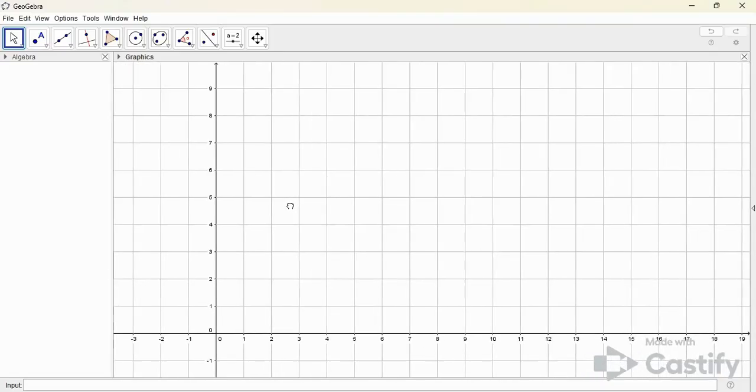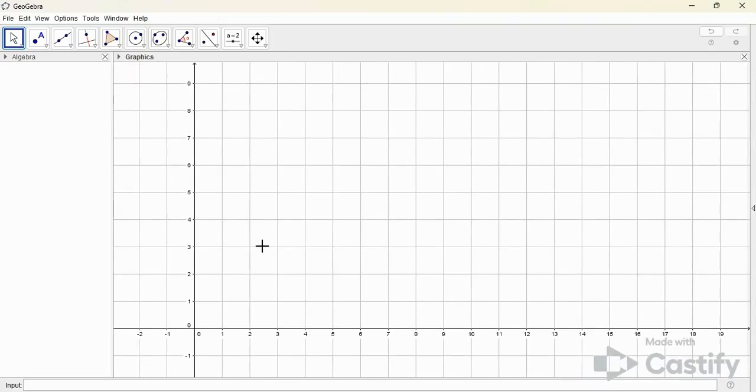So you're going to draw two lines, one going up, one going across. Now these lines are known as your x and your y axes. The y axis is the line that goes up, also known as the vertical line, and your x axis is the line that goes across, also known as your horizontal line.